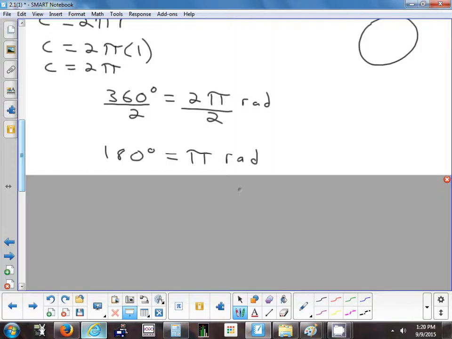If somebody wanted to know what's the conversion? 1 foot, 12 inches. Yeah, 1 foot, 12 inches. Which, if you're converting inches to feet, you would divide by 12. The other way you multiply.